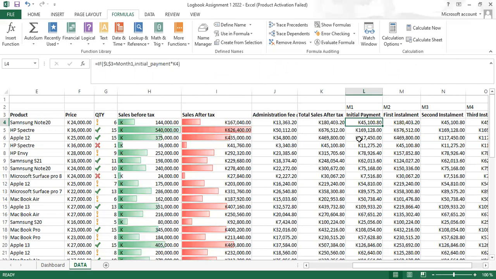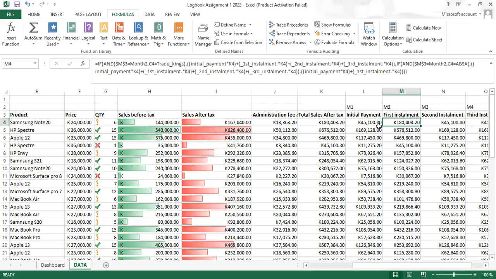In the initial payment, they only paid 45. But in the first installment, they have paid everything. I don't know whether it's making sense. They have finished paying in the first installment, the second month.